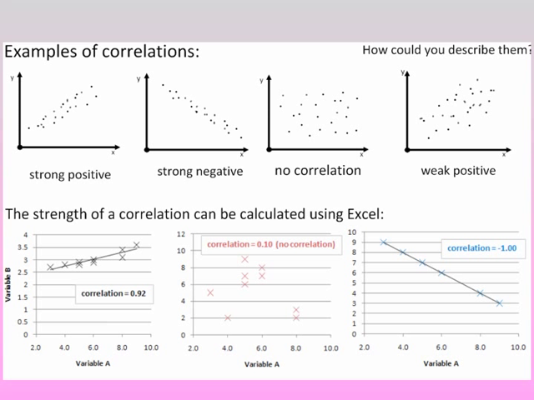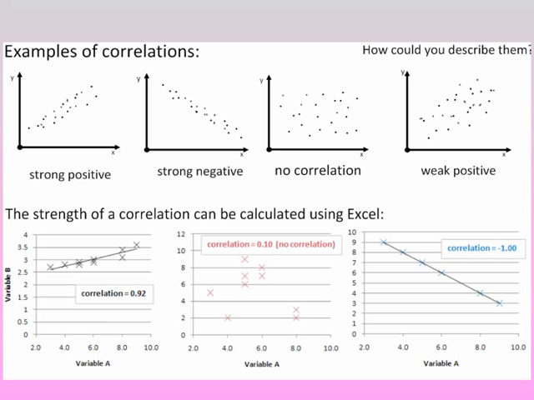In the third graph over there, you can see all the data points are everywhere. In this case, you can say that there is no correlation because it doesn't show you a trend. It doesn't show you anything that could be going on in there. And finally, in the fourth graph from the left, on the right, it says a weak positive correlation.